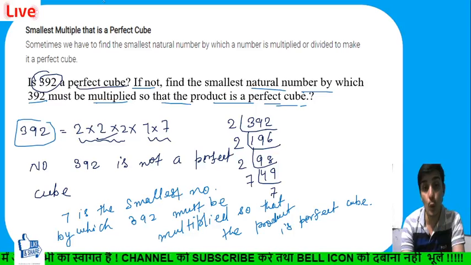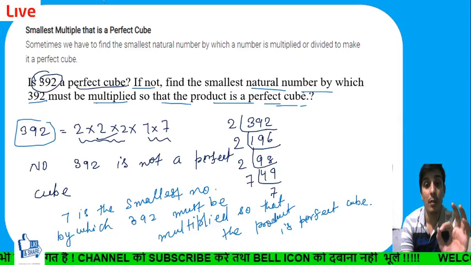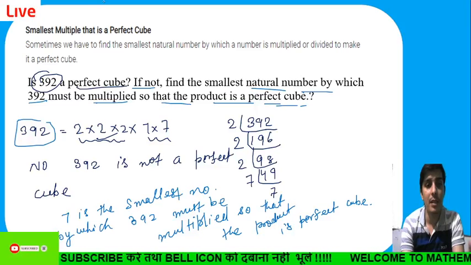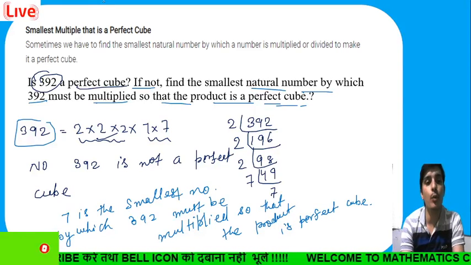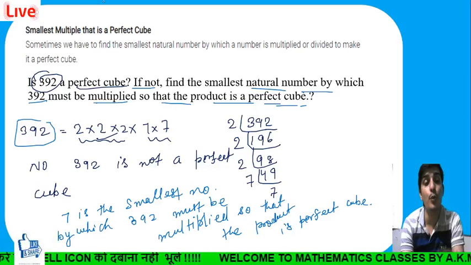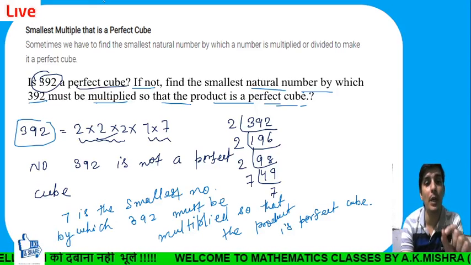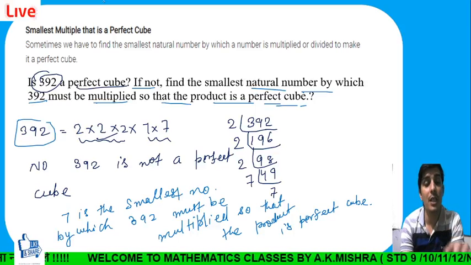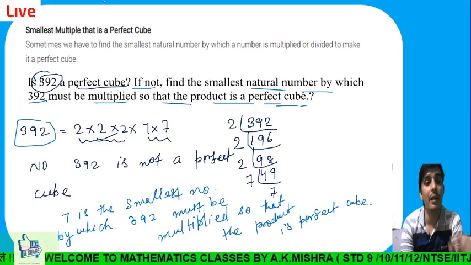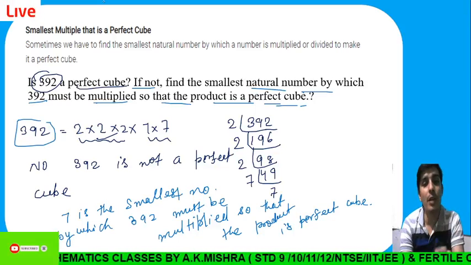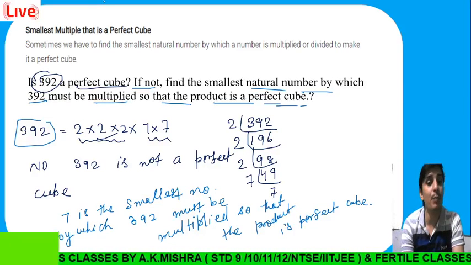But in the question, you have to find out the multiplications. So 392 must be multiplied so that the product is a perfect cube. But in the question, division is given, meaning 392 must be divided so that the quotient is a perfect cube.